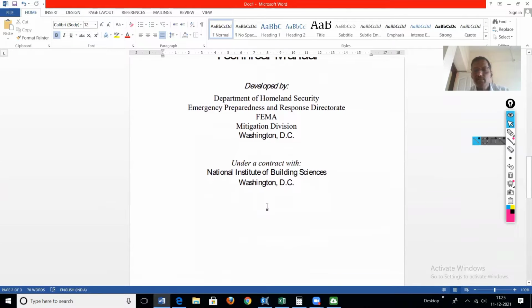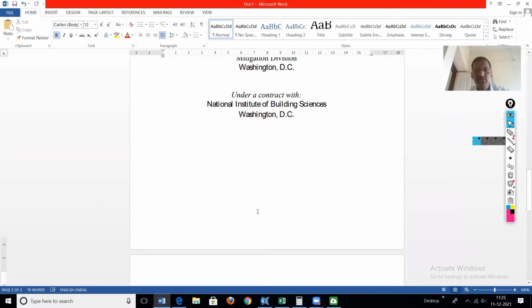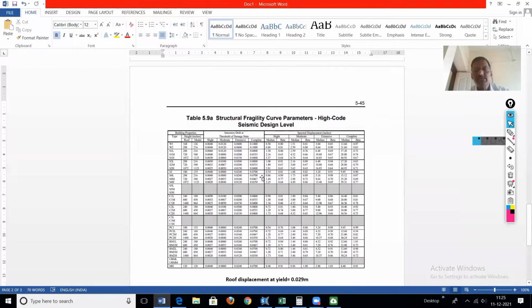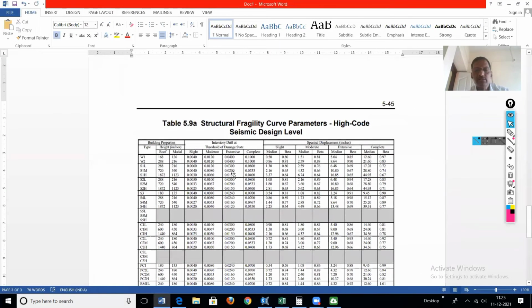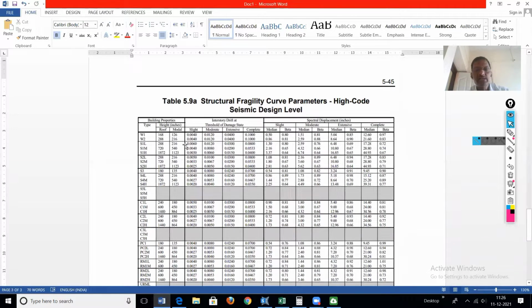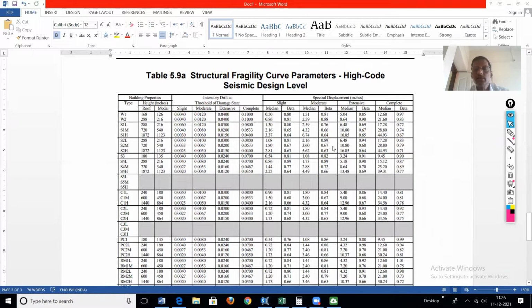There are a number of tables given, so the concerned table I am showing here is Table 5.9. So we will refer to this for the spectral displacement.